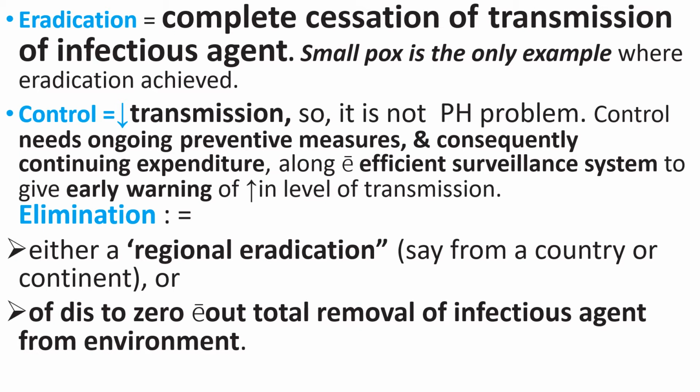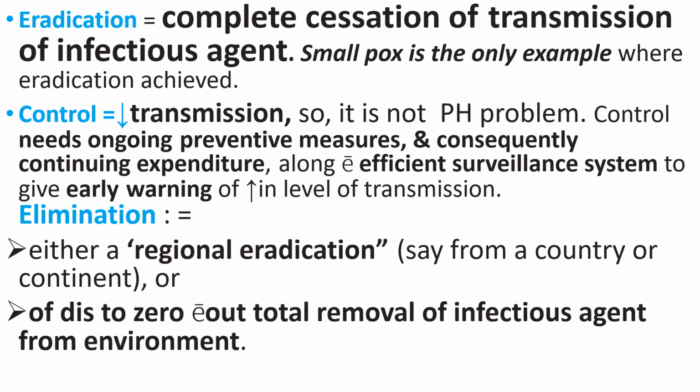So elimination means it is removed from a country or a specific geography, with its incidence and prevalence coming to zero without removal of the infectious agent from the environment. The famous example is polio.